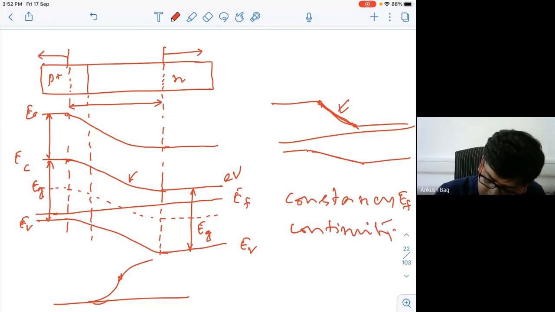What is continuity of E naught? E naught is this level, this line, representing the energy of a free electron.